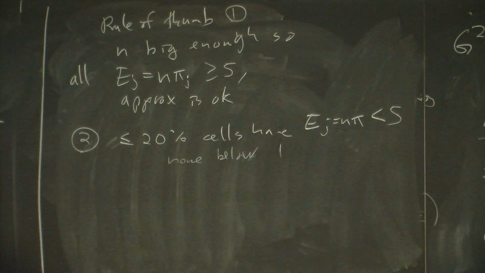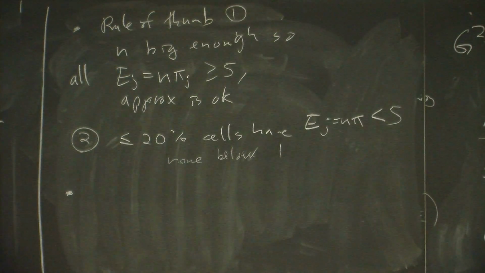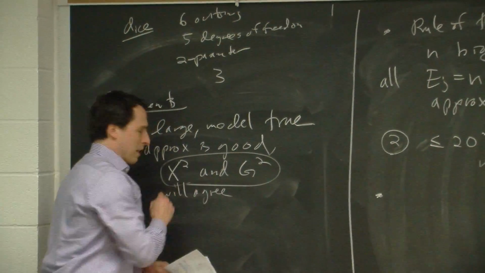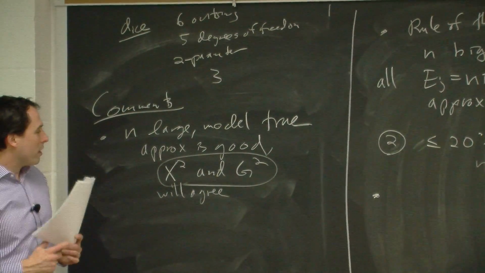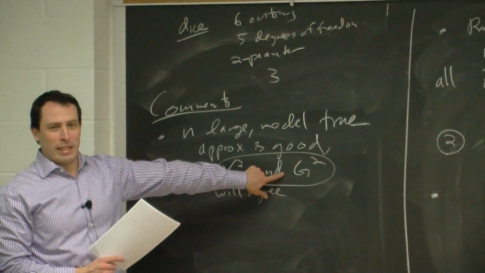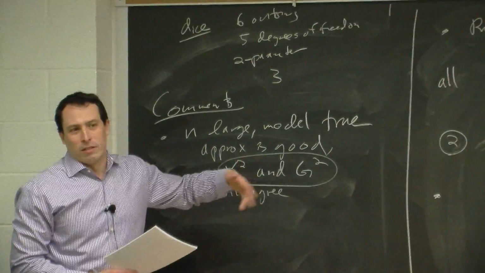Of course, just as with what we were talking about earlier in the week, we can use the agreement of these things. Just as we can use the agreement of Wald, likelihood ratio and score tests as a measure of proximity to infinity, we can use the agreement of these as a way to diagnose.